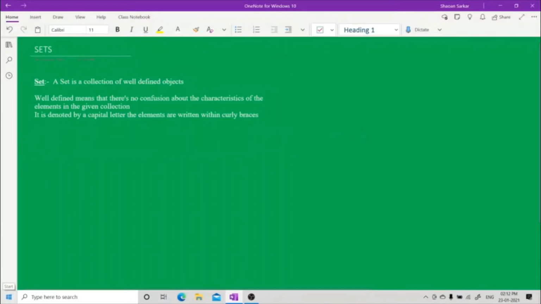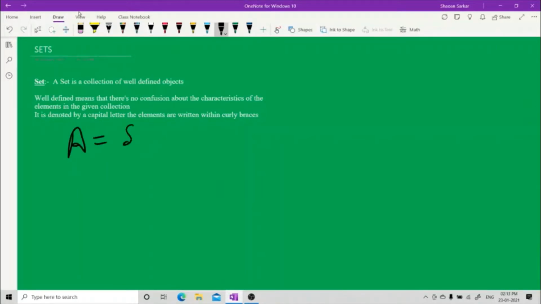Now see, a set is a collection of well-defined objects. I'll explain with examples. A is a collection of orange, apple, and say some fruit, grapes.